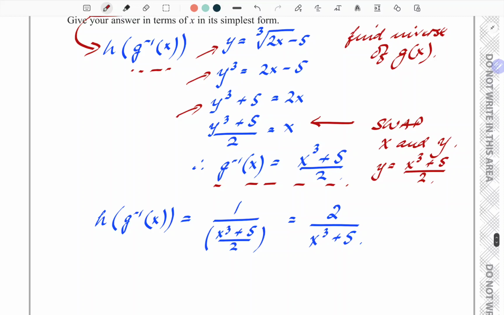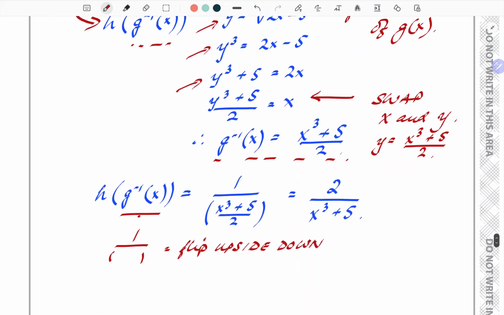Now we're going to put that into h. And remember, h is basically 1 over whatever we put in it. So 1 over something simply means flip upside down.